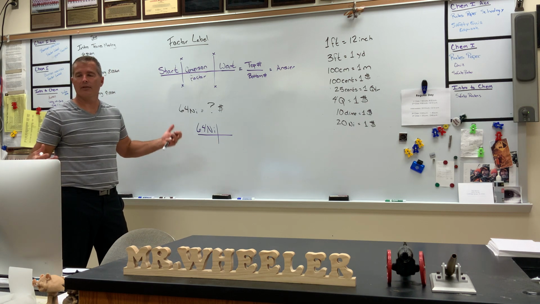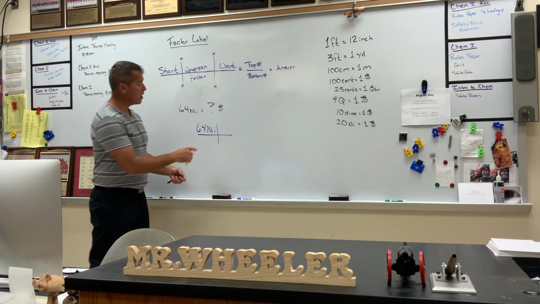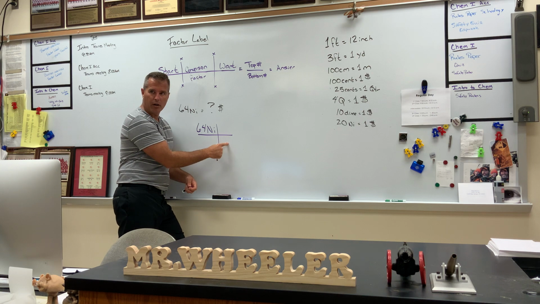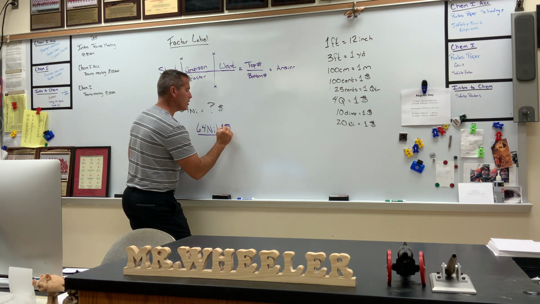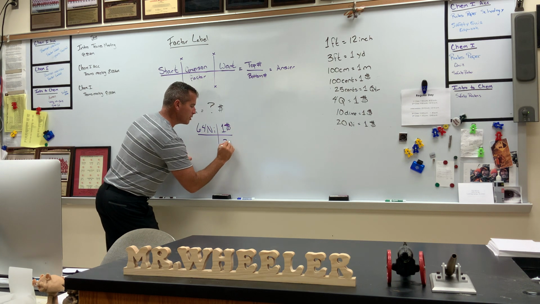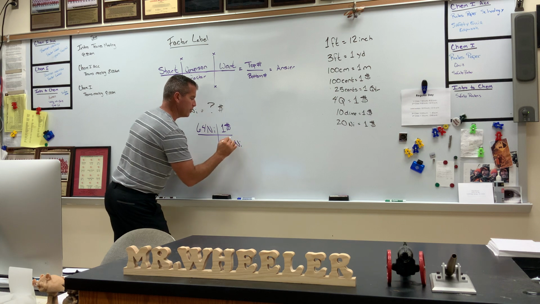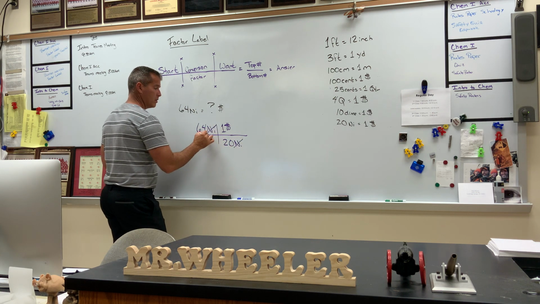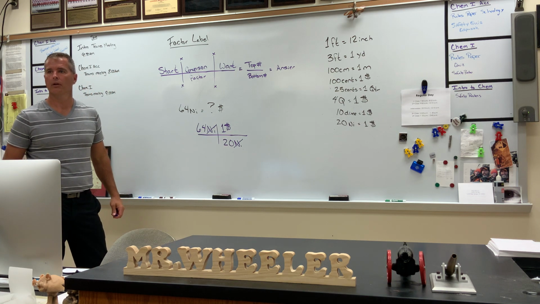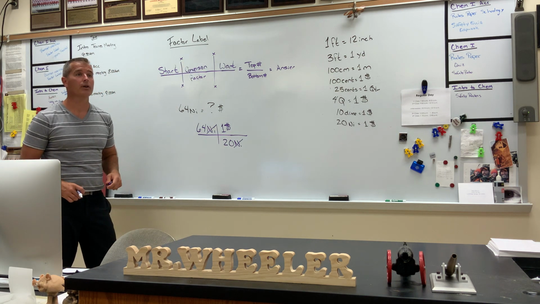So to cancel these out, this is math. To cancel them out, I have to have nickels, the same unit on the bottom, and I have to have the unit I want on top. So for every $1, that equals 20 nickels. Nickels cancel out, and I'm left with dollars on the top. I have what I want on the top.